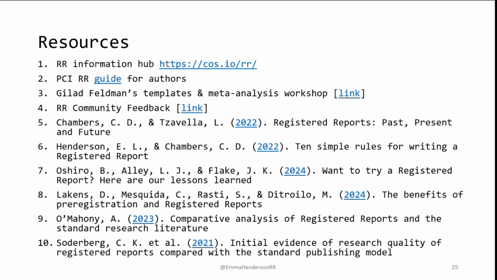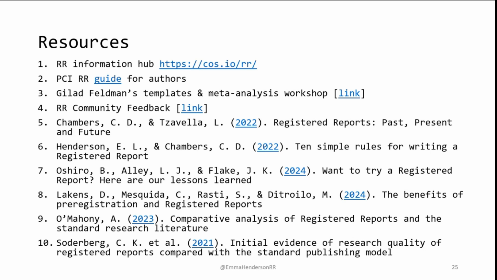So I'll just add to that. PCIRR has two groups of journals: friendly journals and interested journals. Friendly journals have committed to accept PCIRR's review process, and any article that gets stage 2 acceptance, they will publish in their journal without further peer review.